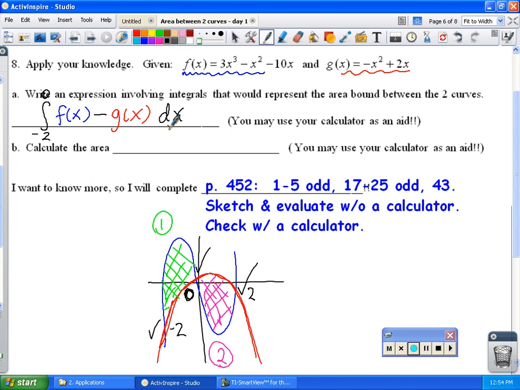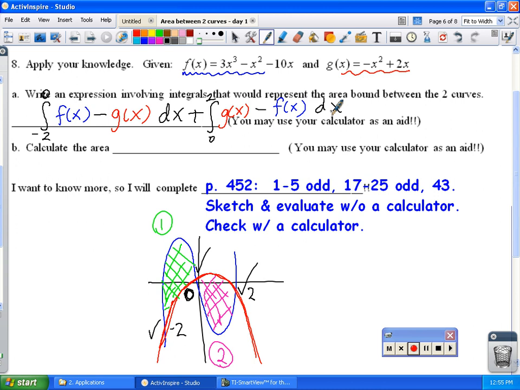Now I'm going to add to that the second region of area, which begins at 0, stops at 2, and now remember, this time the red curve is on top for this region, g of x, minus the bottom curve, f of x, dx.